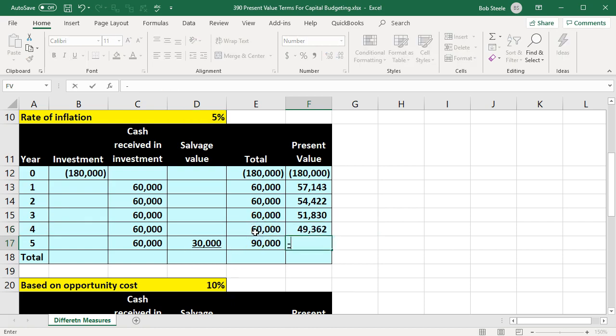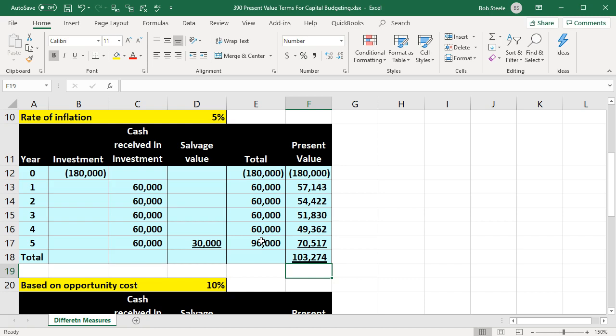One more time, negative present value, double click, rate, comma, the number of periods 5, comma, payment 0, comma, future value 90, and enter. So then we could sum those up, and that would give us our 103.